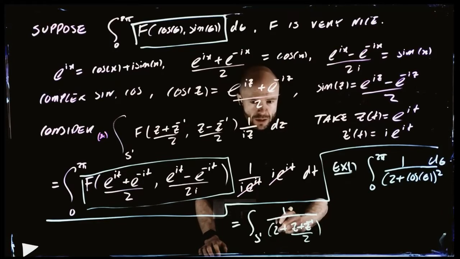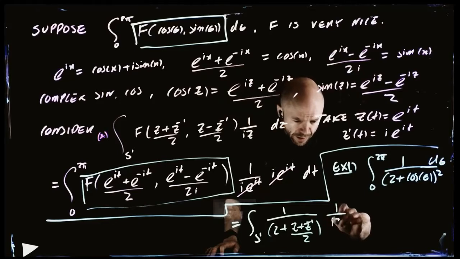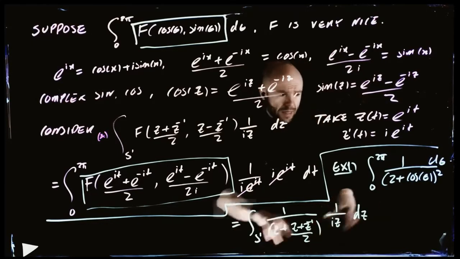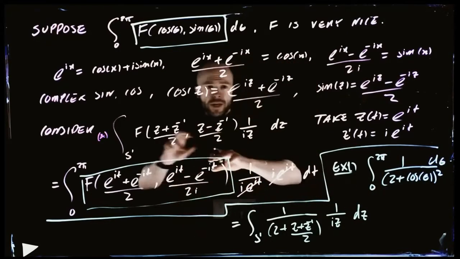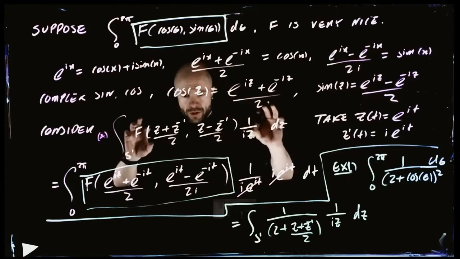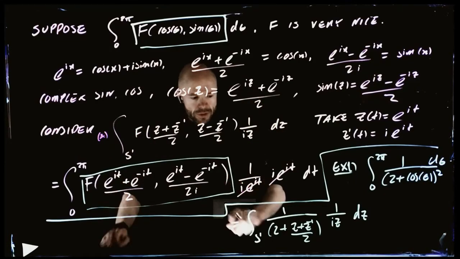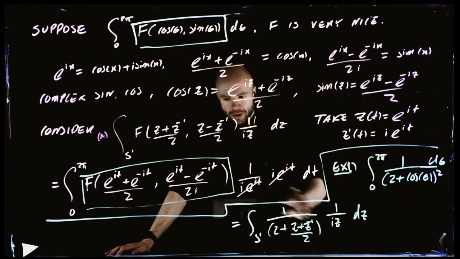And then we have to add this term over here, 1 over iz, and now we get this. So this is just the application of this stuff I've done here, that this integral turns into exactly the integral that we want. Are you happy with this? Give me a thumbs up if you see why this turns into this.